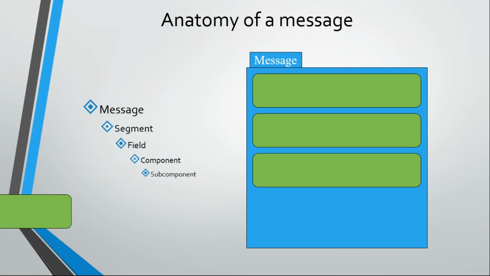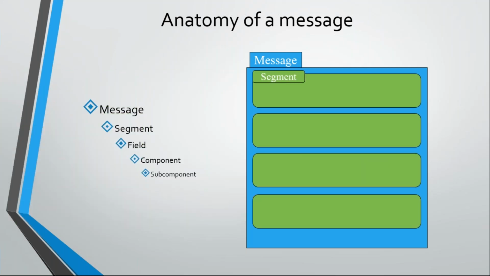As I said, we have a message. Each message will have segments. Each of these blocks that you're seeing here represents a segment: this one, this one, this one, this one. Each of those is a segment. And each segment is again divided into fields.